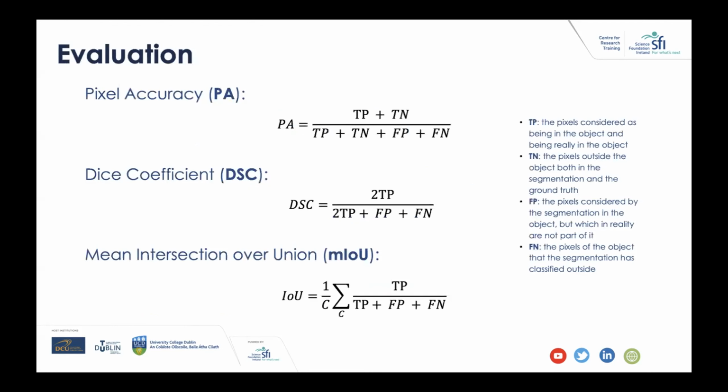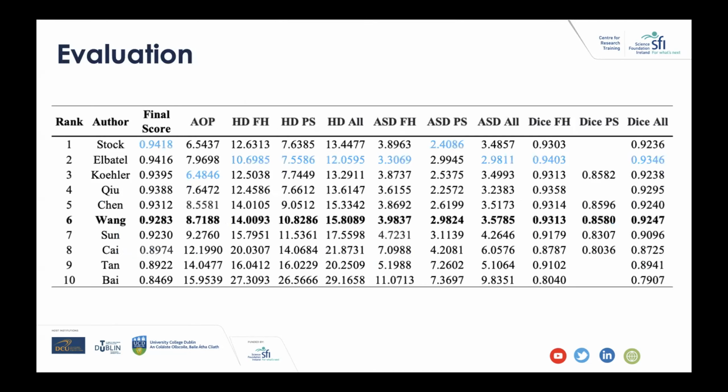For the evaluation, we are using pixel accuracy. All the metrics are related to segmentation, and we didn't use other metrics to evaluate our model. You can see our final score.